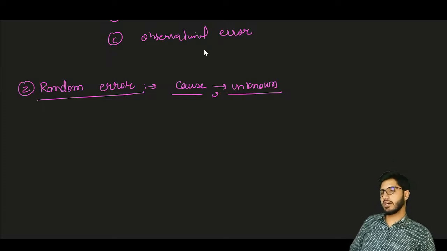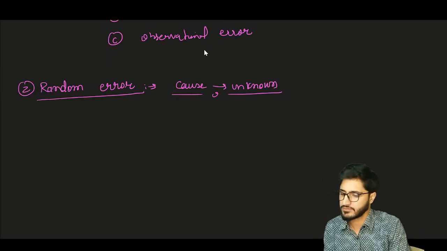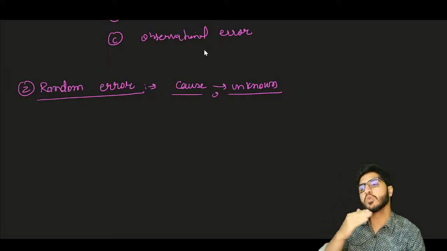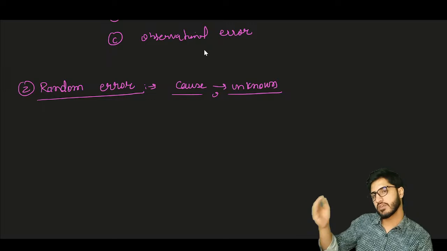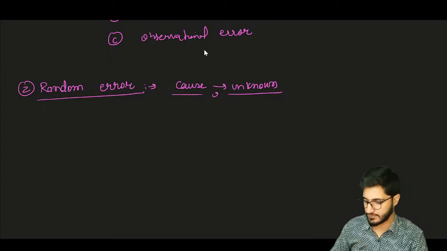We don't know the reason behind it, so it is unknown to us. But we can reduce it. If we do the same thing a couple of times, by taking the observations many times, we can reduce it.